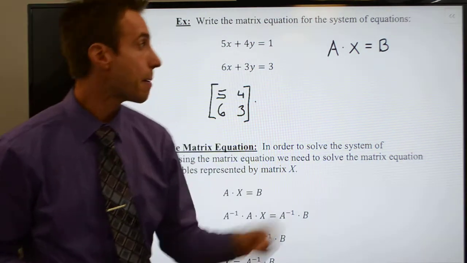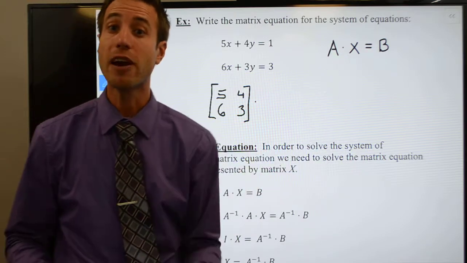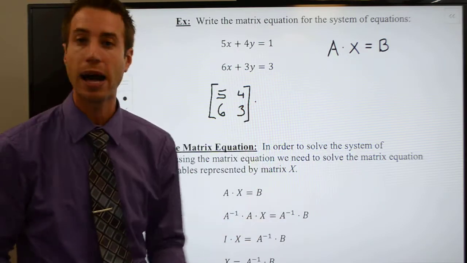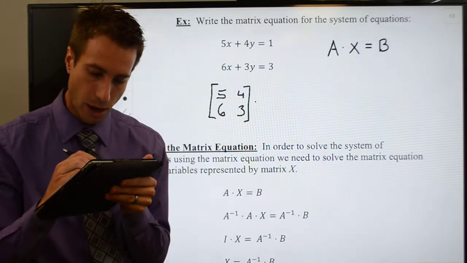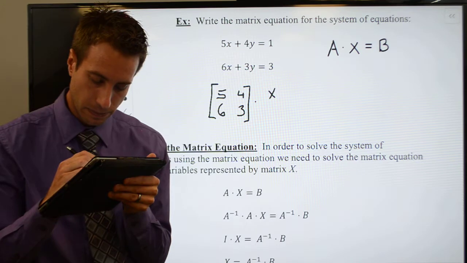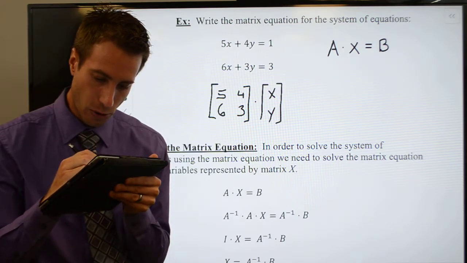I'm going to multiply that by matrix X, which is my variable matrix. Well, my variables are X and Y. X comes first, it goes on top. Y comes second, it goes on the bottom, and there's my variable matrix.